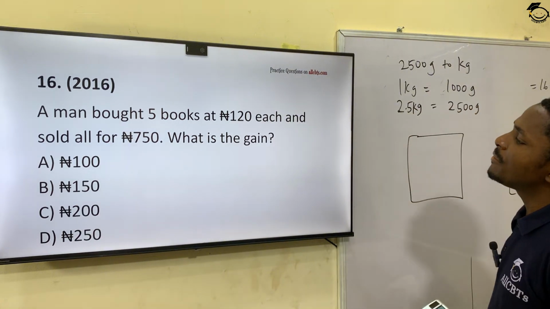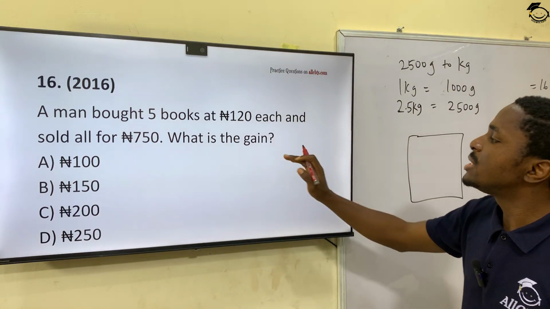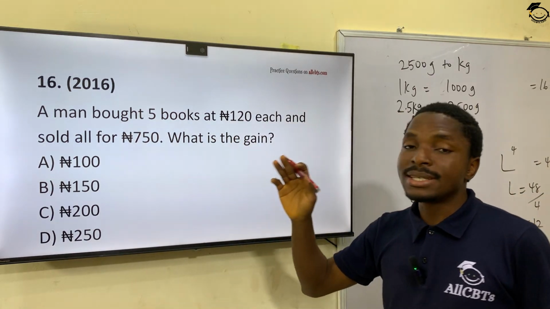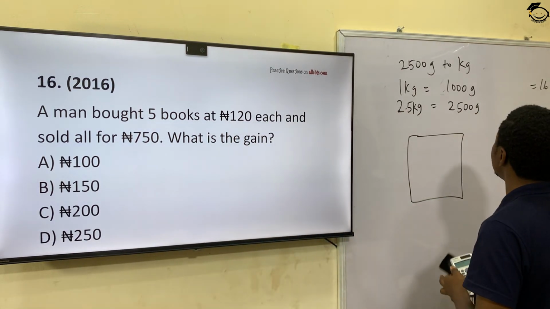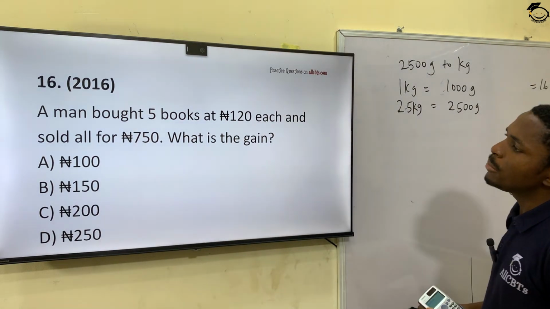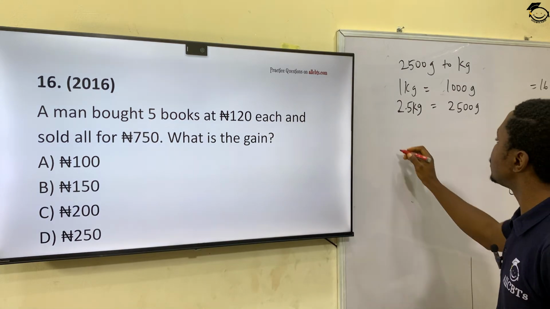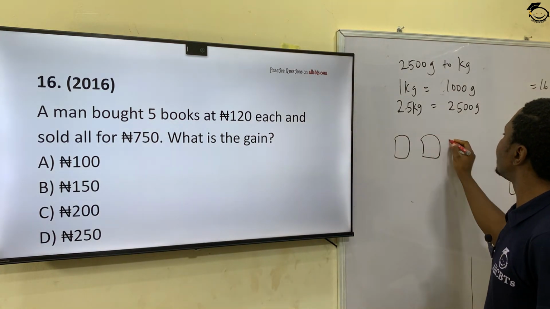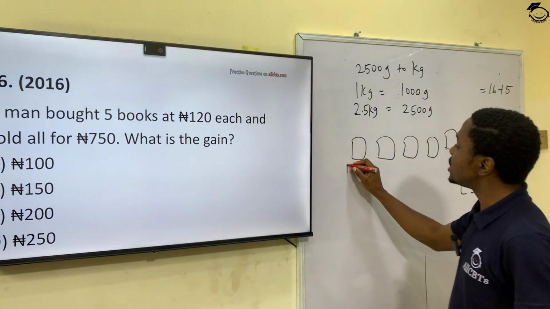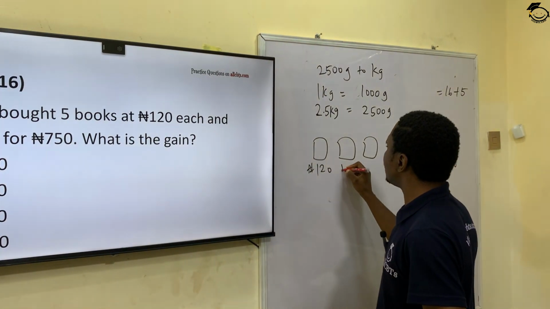And then question 16. A man bought 5 books at 120 naira each and sold all for 750. What is his gain? So this is the 5 books that were bought, each for 120 naira.